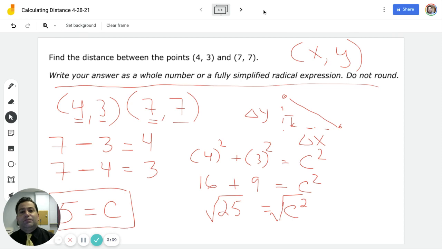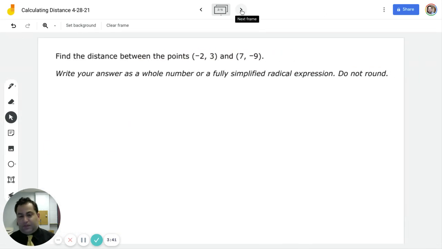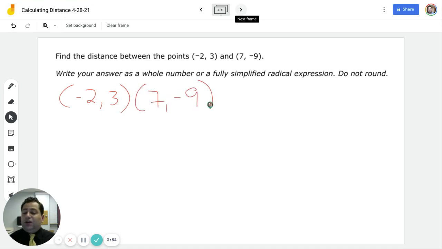Let's try another example. In this example, we have to find the distance between -2, 3 and 7, -9. So again, I'm going to do my change in y. Let's write it out like this.